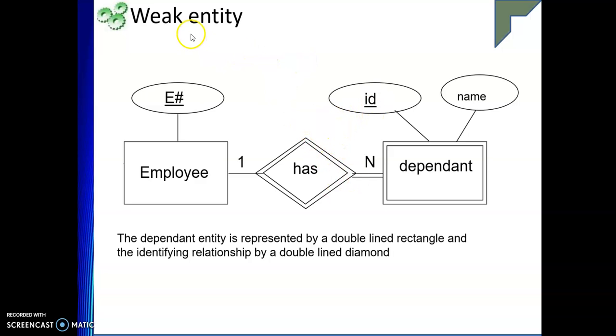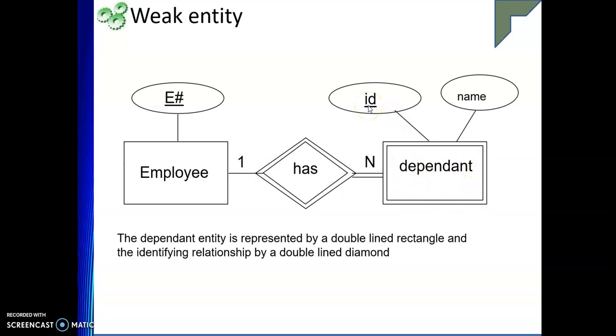I will also give an example of a weak entity here, just to make it understood. There is a total participation of the dependent on this particular employee. Employee itself is a strong entity, but dependents, or you can say spouse also, are a weak entity.